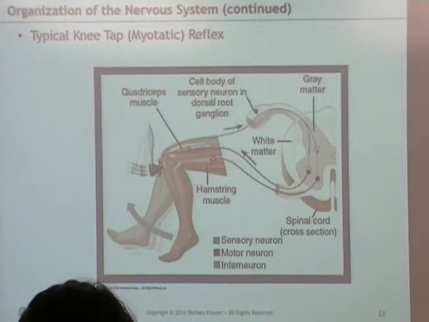So remember we said that if we stretch the muscle quickly, the spindle is responsible for initiating a counter contraction to rescue the muscle. The Golgi tendon organ recognizes force and would initiate a relaxation in the muscle.